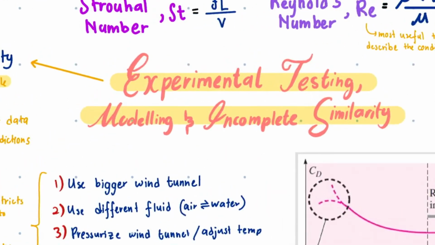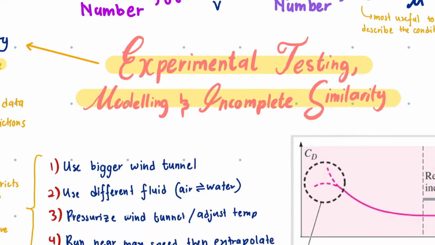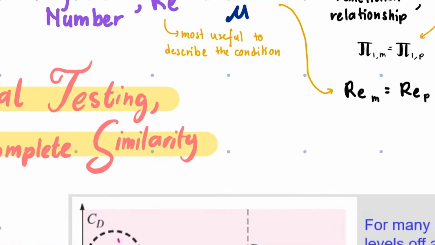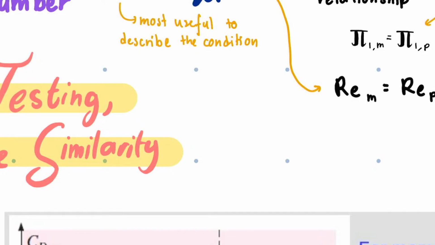Sometimes the question will ask you about experimental testing. Experimental testing includes things like submarines. Maybe they will ask you about a submarine. We learned in external flow about aerofoils.